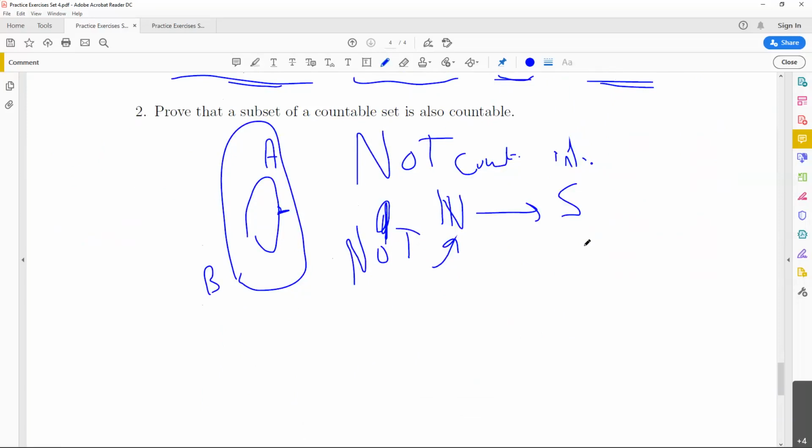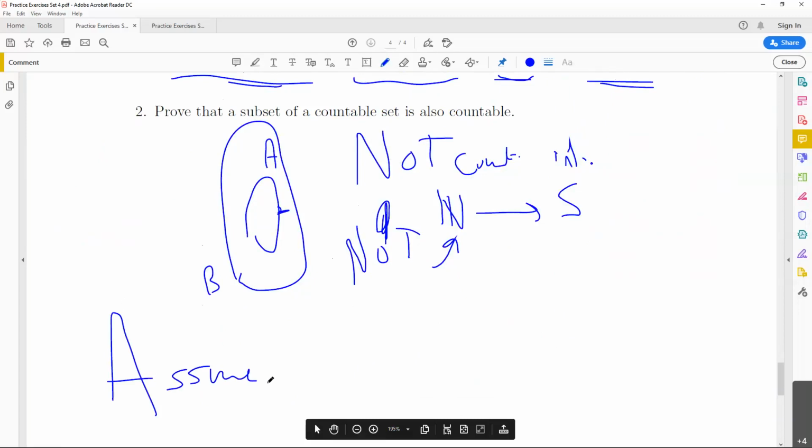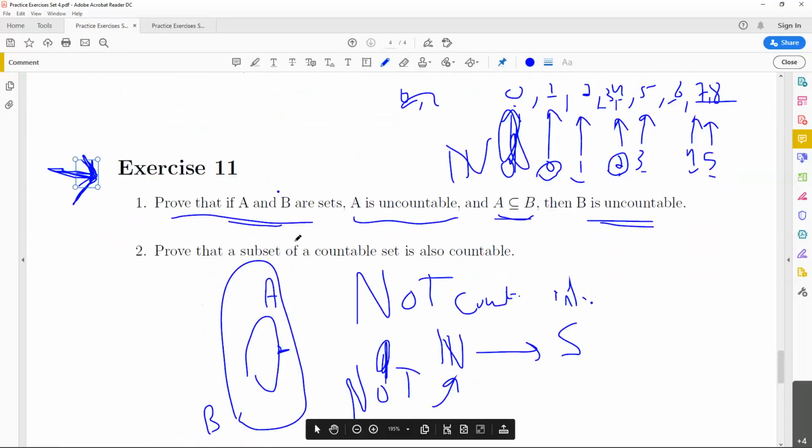So how do you do that? You assume there is, and you get a contradiction. So what we will do here, assume that B is countable, so you do have a bijection, and something is going to explode.